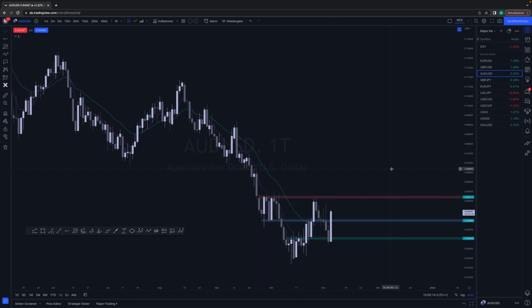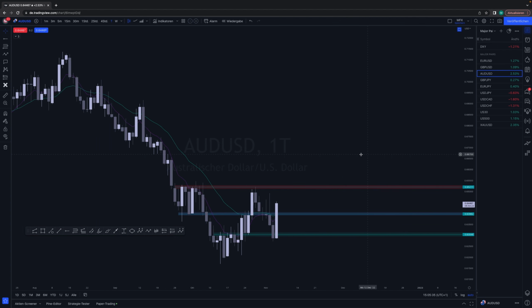So I will now use the bar replay, guys, to show you what I clearly mean by support and resistance and drawing in the right way, so you can improve your support and resistance strategy. So let's go now to the replay mode.